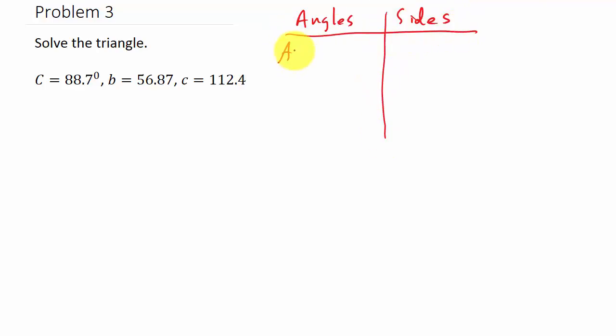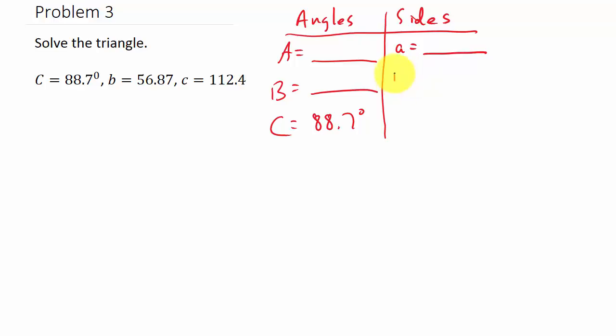So I've got angle A, angle B, angle C is 88.7 degrees. Alright, so we don't know angle A and angle B. So side A, well, we don't know that either. Side B is 56.87. Side C is 112.4.